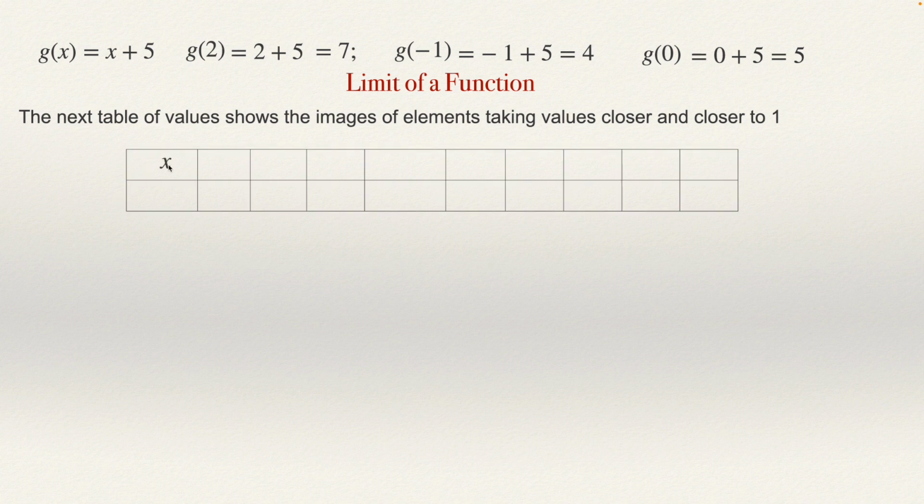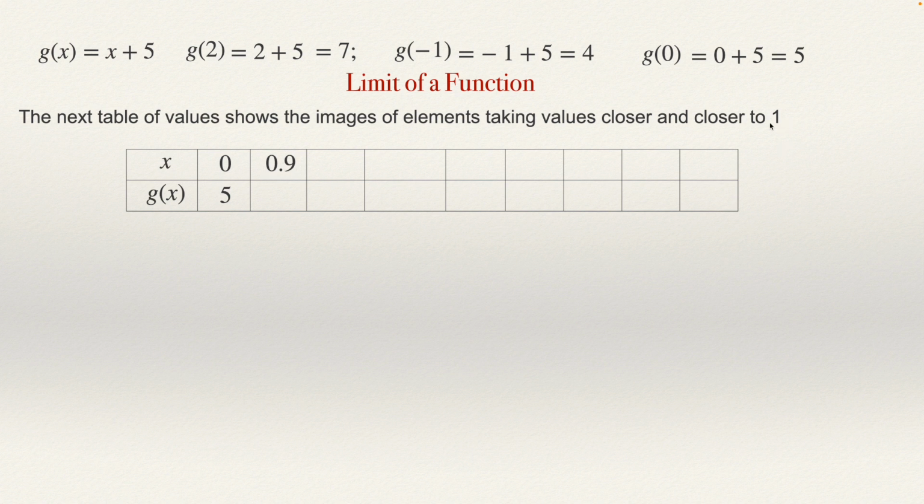Here I'm going to type the value of x, and here will be the image of x under the function g. What happens, for example, if the value of x is 0? What I need to do is just substitute x by 0. So it will be 0 plus 5 equal 5. What happens, for example, if the value is 0.9?